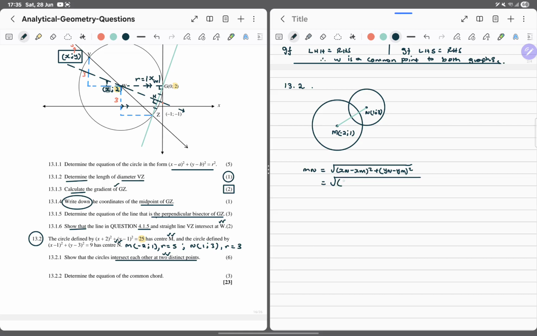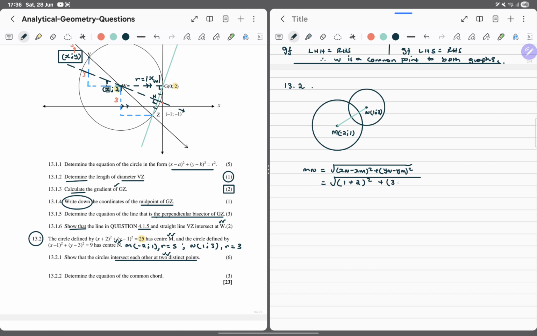So x at N is 1, and x at M is minus 2, so that's going to be 2, all squared, plus, what am I doing?